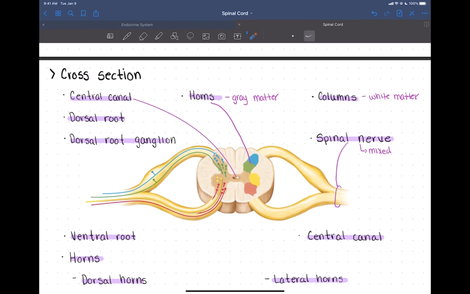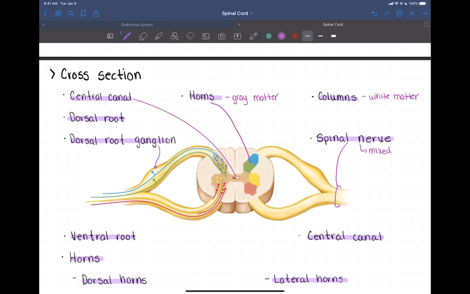Remember, it's afferent, so it's moving towards the spinal cord. It's going to travel through this structure here, so it enters the spinal cord dorsally. There's an important structure you need to know right here on the spinal cord.